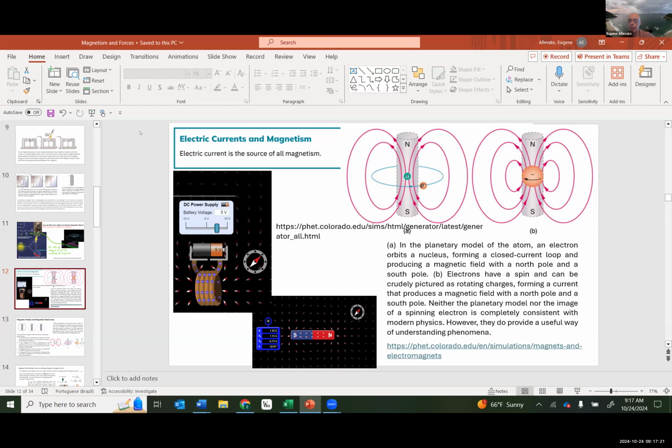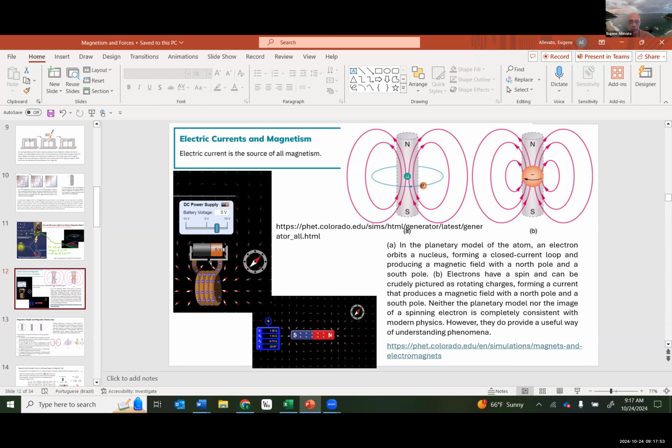The other model is that the electron itself has this spin that forms the magnetic field. The truth is neither of them is completely consistent with what's happening in reality, but they do explain the phenomenon.